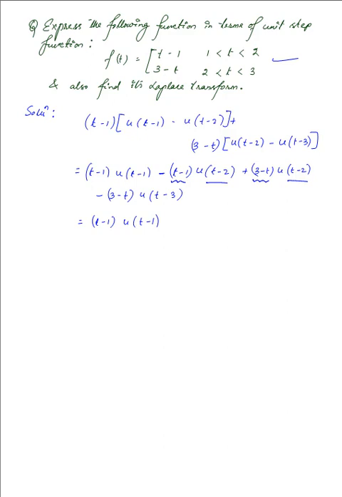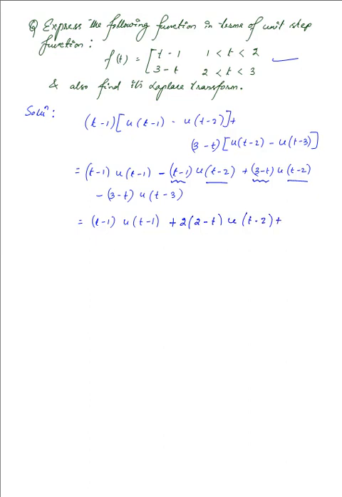So we can take the common term as plus 2: 4 minus 2t means minus 2 times t minus 2, with the 2 taken outside, and we have u of t minus 2.